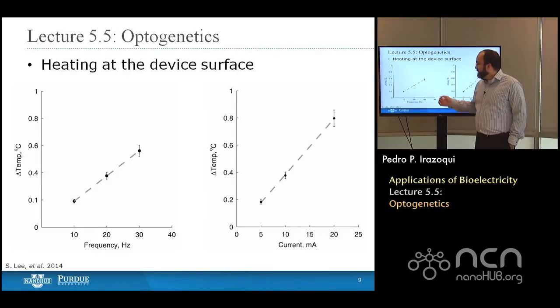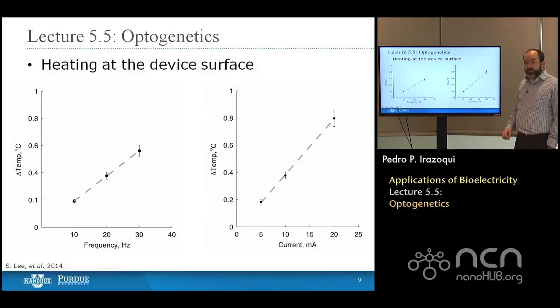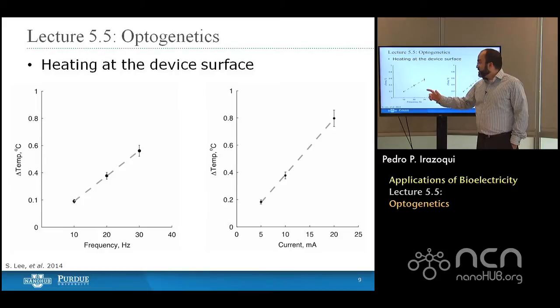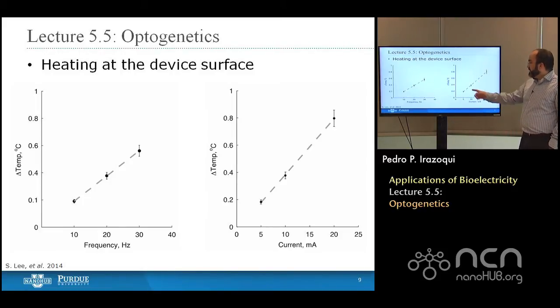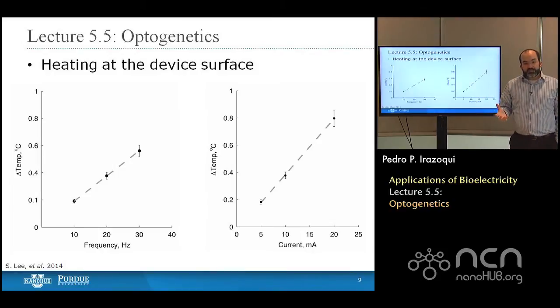So we looked at how much heat you get at the device surface as a function of frequency and as a function of current. We measured a change in temperature when the device is on of about 0.5 degree for peak frequency and about 0.8 of a degree for peak current. This peak current gives you an irradiance that is higher than we need to stimulate any neuron. So these two together give us a sense that this device is safe, that it's not going to heat the brain.